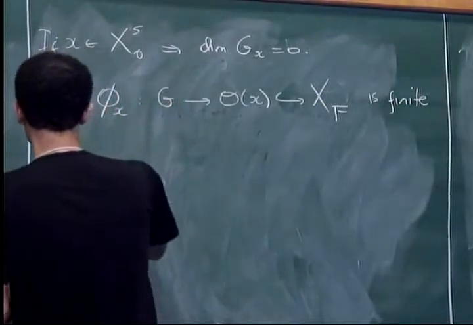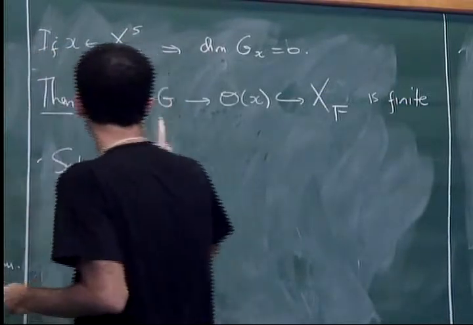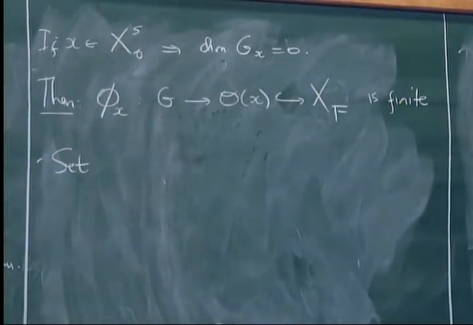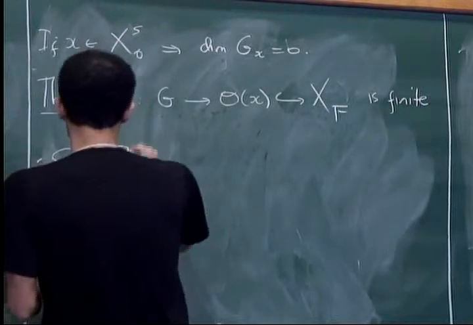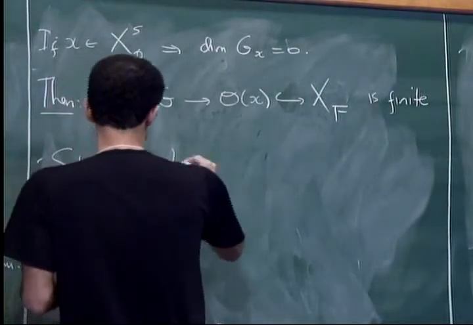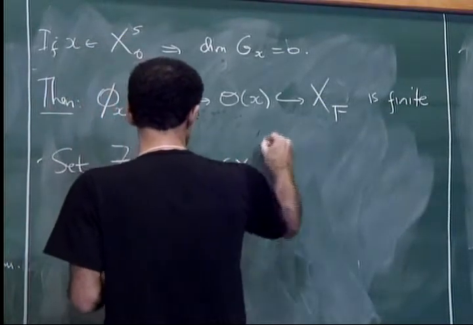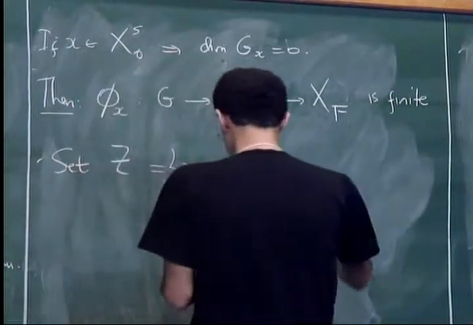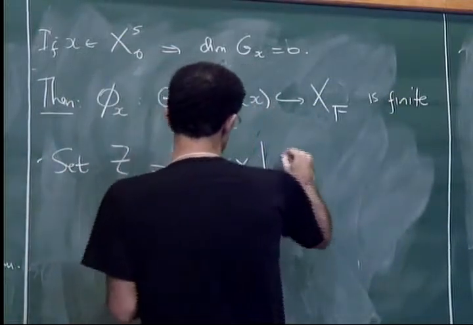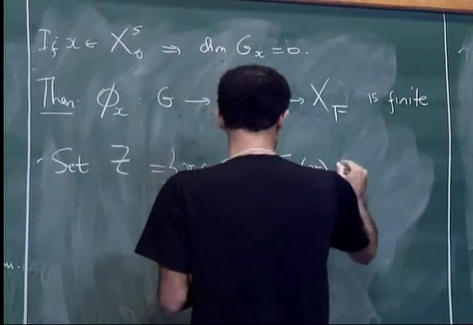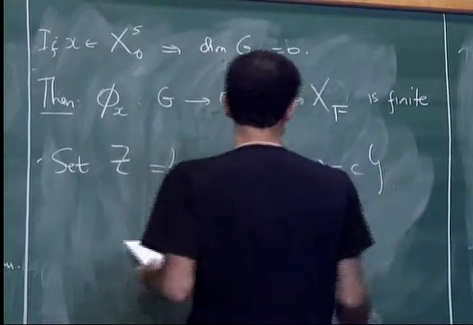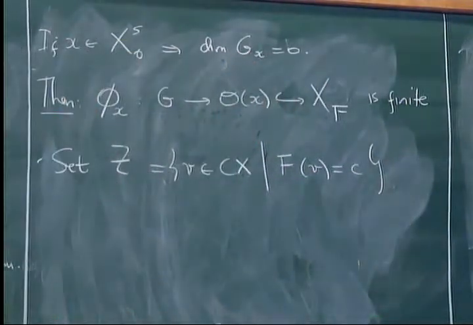And now what we do, I mean, this map being finite, it's proper, but it's not what we want. We want this map here. So we have to compare them. And then I'm going to pick this closed subset inside the affine space. So the points in the cone such that f of v is C. Again, so it's a closed condition.